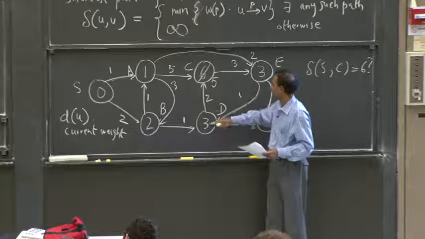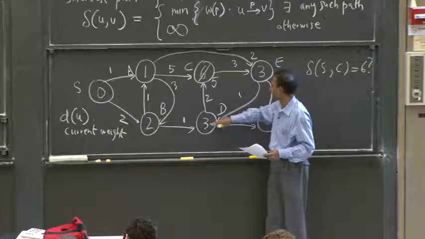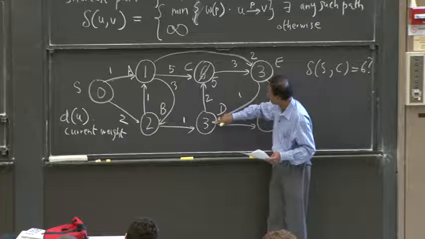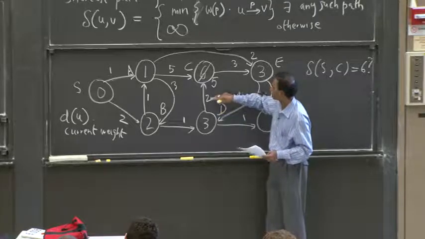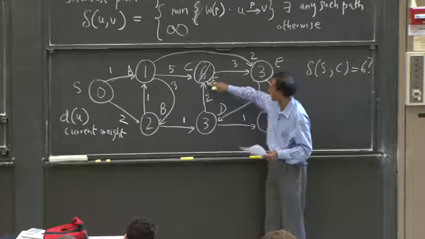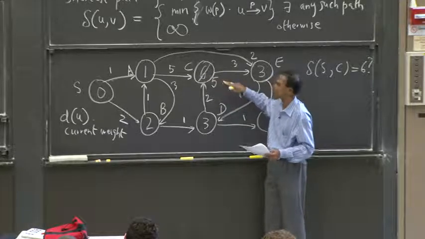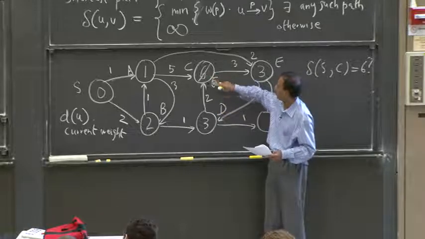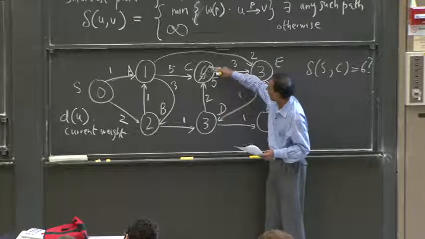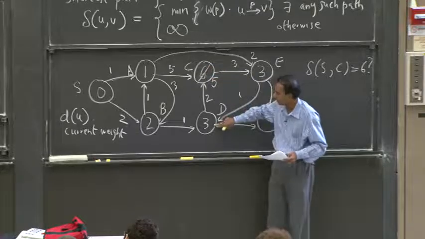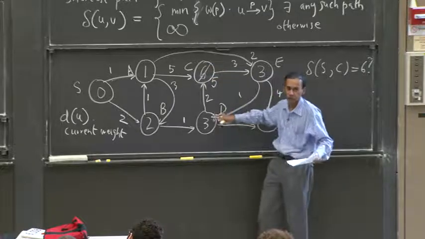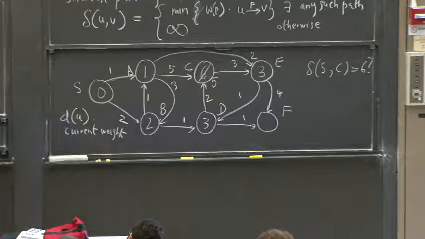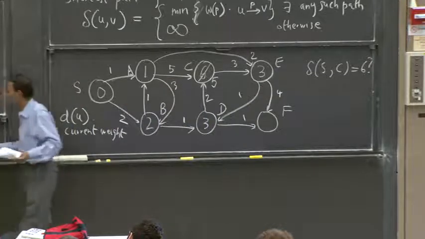On the other hand, 6 is greater than d of the vertex D, which happens to be 3, plus 2. And since 5 is less than 6, I can relax this edge and update the value of 6 to 5. All right? And then I update the predecessor relationship to have pi of C be D. Okay? That's the notion of relaxation. Fundamental notion, going to use it in every algorithm that we talk about. When do you stop?